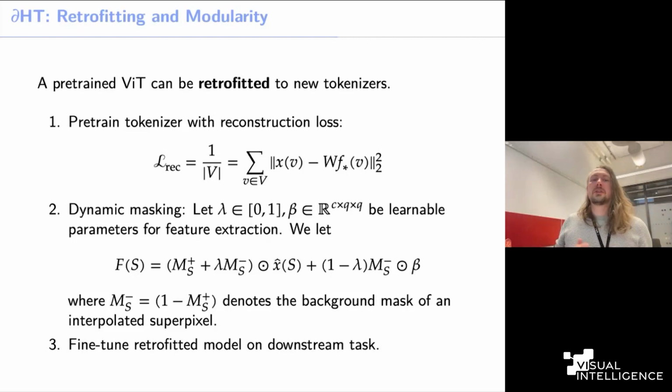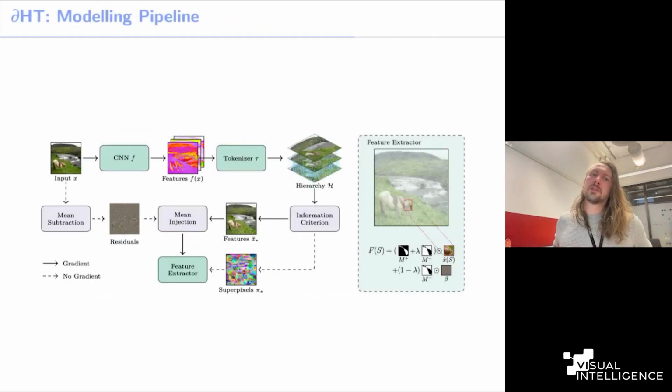Then we fine-tune this retrofitted model on some downstream task. Typically, we fine-tune on classification first. Here's a visualization of this pipeline. At the top left, we can see the input image, a nice image of a pony. This goes through the CNN on the right, giving an increased feature dimension.